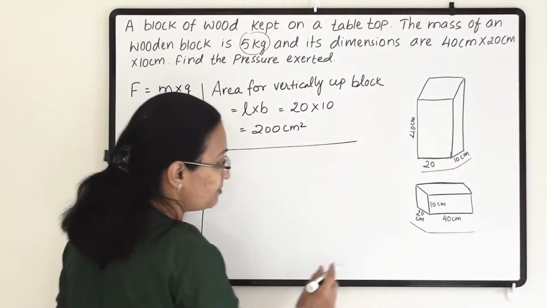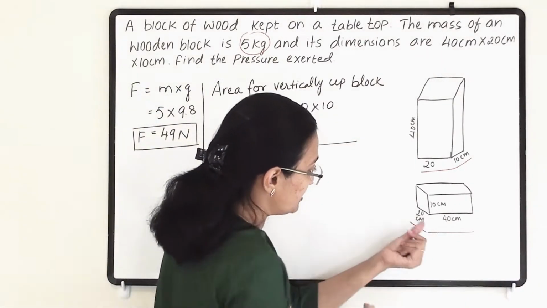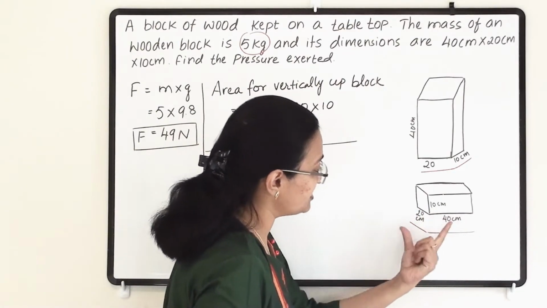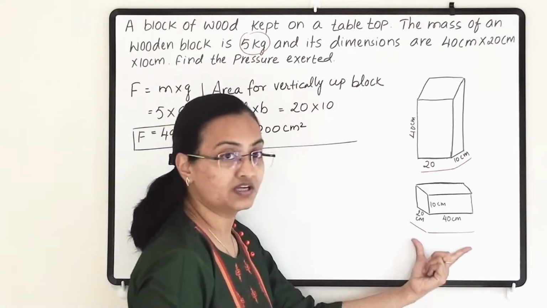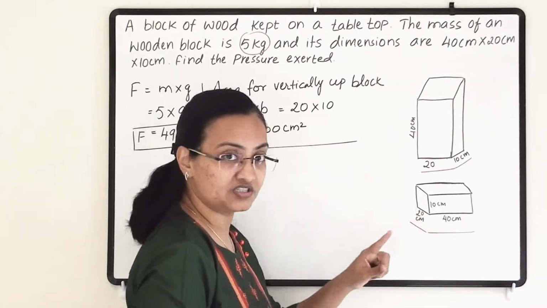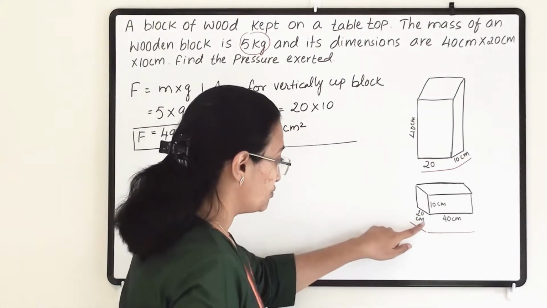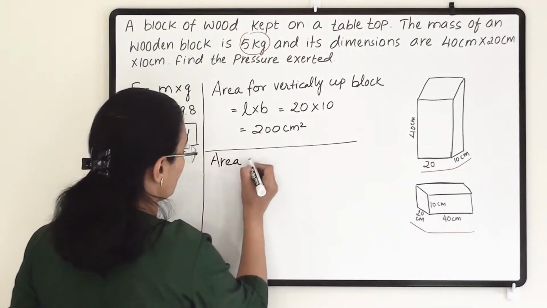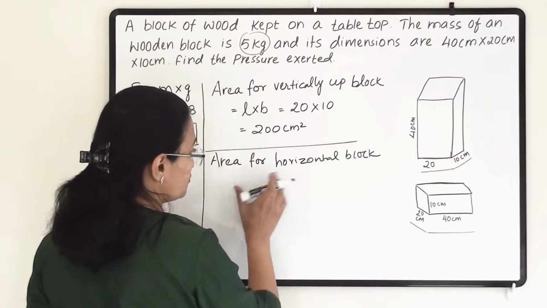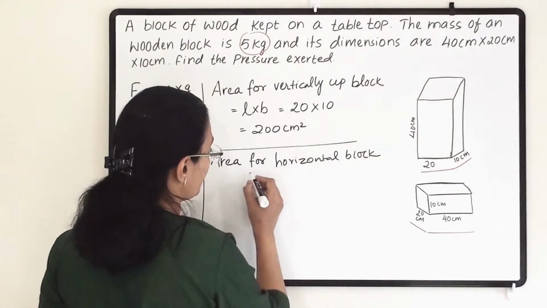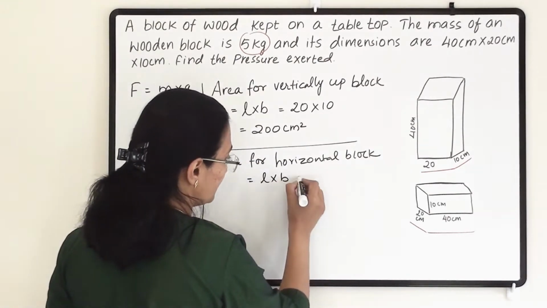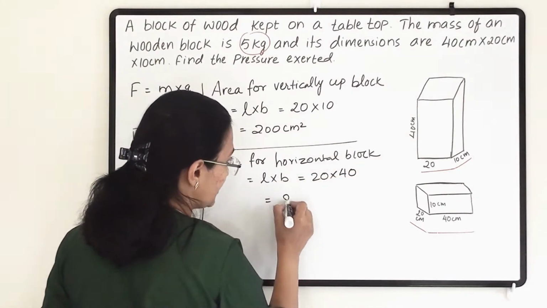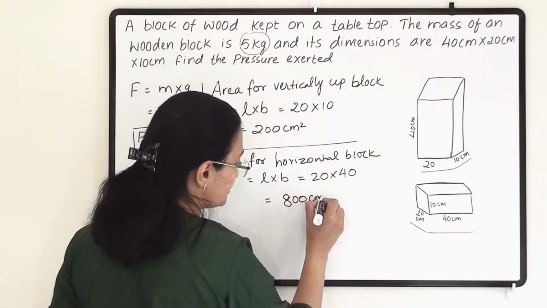When we keep this block horizontally, this 20 centimeter and this 40 centimeter are in contact with the tabletop, whereas the 10 centimeter is vertically up. So area for the horizontal block is L into B equals 20 into 40. So here we get 800 centimeter square.